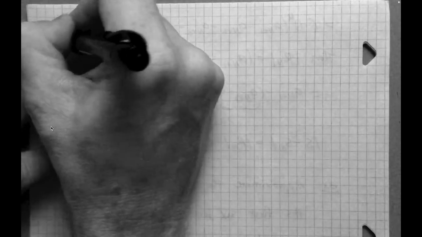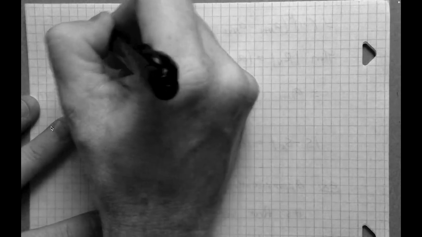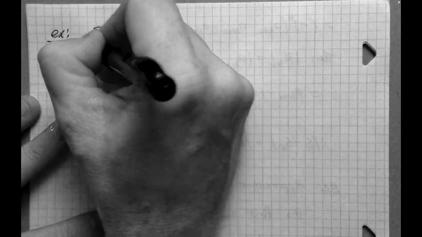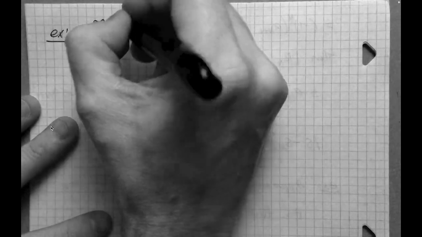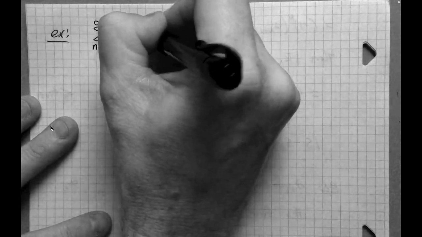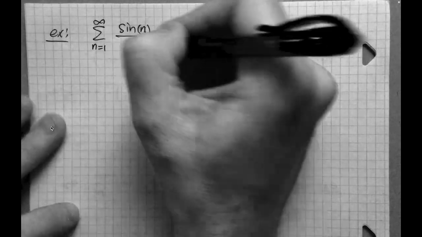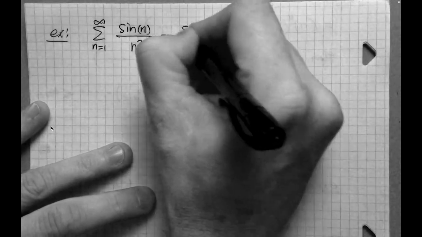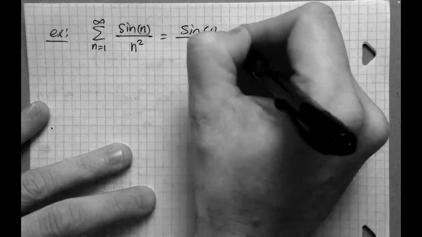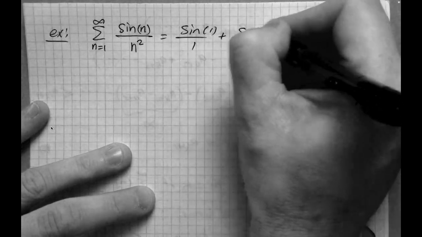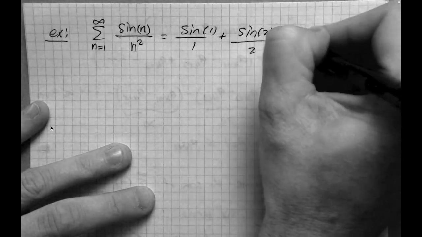An example would be the series sum from n equals 1 to infinity of sine of n over n squared. So this is just sine of 1 over 1 plus sine of 2 over 4 plus dot dot dot.